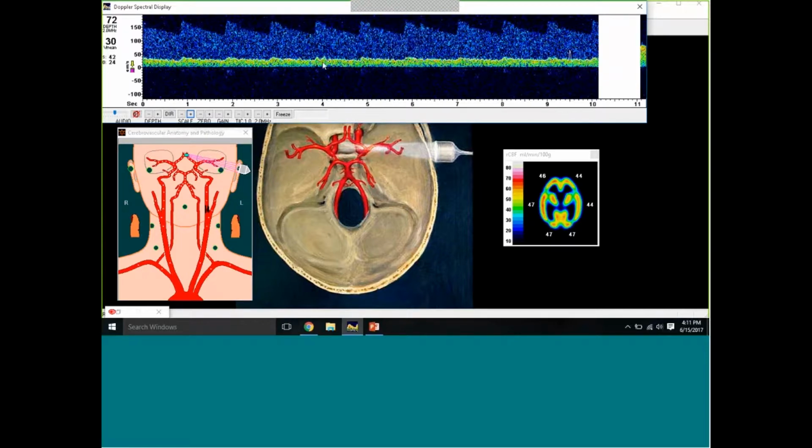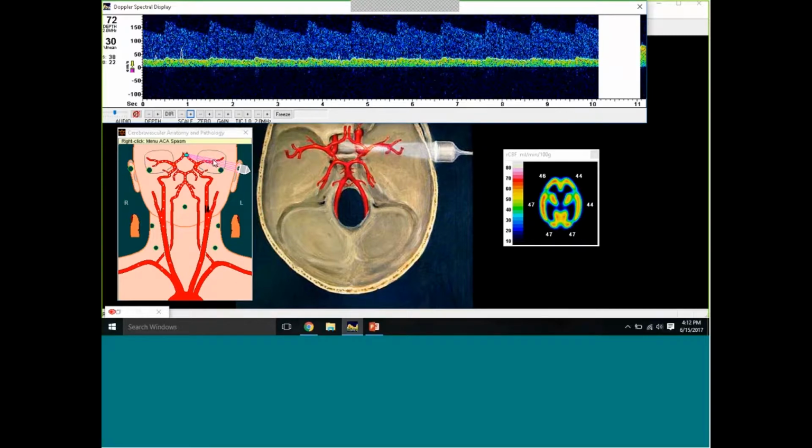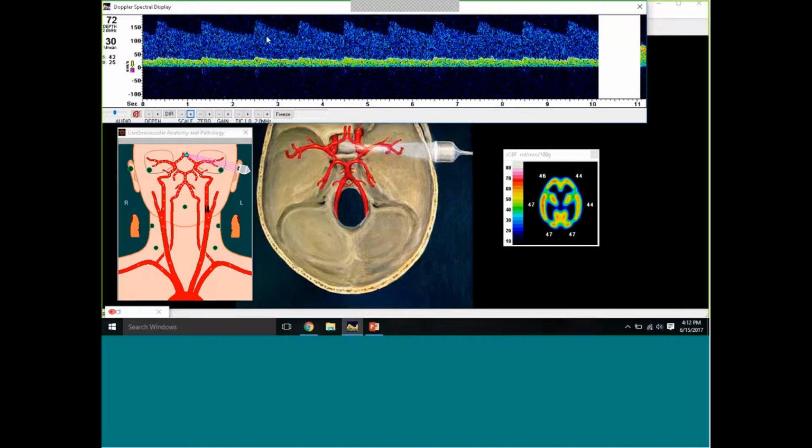The anterior cerebral artery should be going this way, feeding the frontal lobe. But instead, we've got flow coming across the bridge here, coming towards the probe to protect the left hemisphere. So this is reverse ACA, showing that you have a good anterior communicating artery.